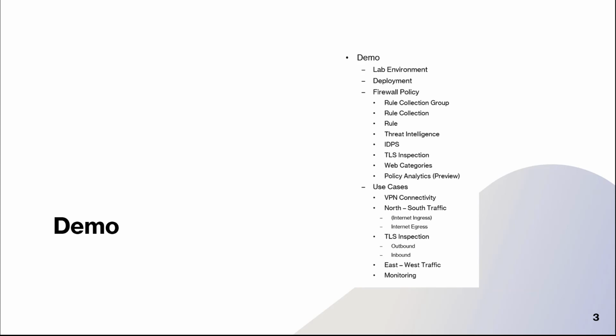The demo is going to be very interesting. We'll go through the deployment, then the firewall policies, different rule collection groups, rule collections, rules, threat intelligence, IDPS, and TLS inspection, both inbound and outbound. This is going to be interesting, right? How can we do that? We'll also cover web categories, policy analytics, and see how a VPN can connect passing through the firewall.